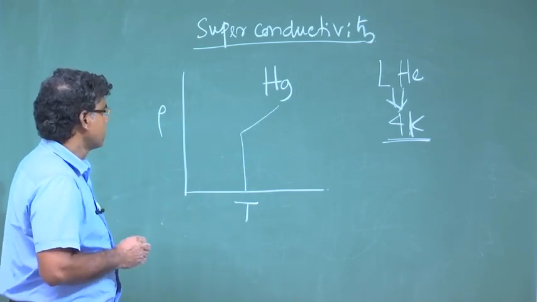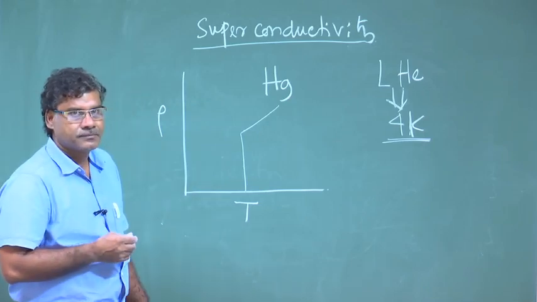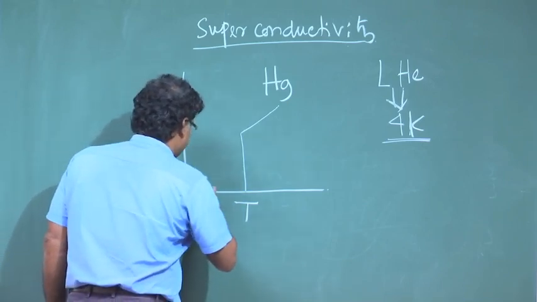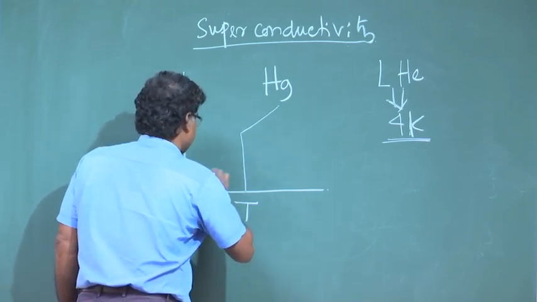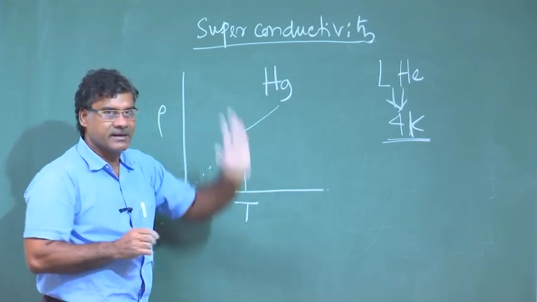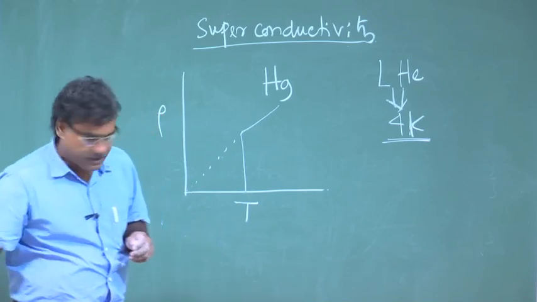Okay. Because we know for a normal metal, if it is pure, its resistivity varies linearly like this with temperature. It is not all the time linear.